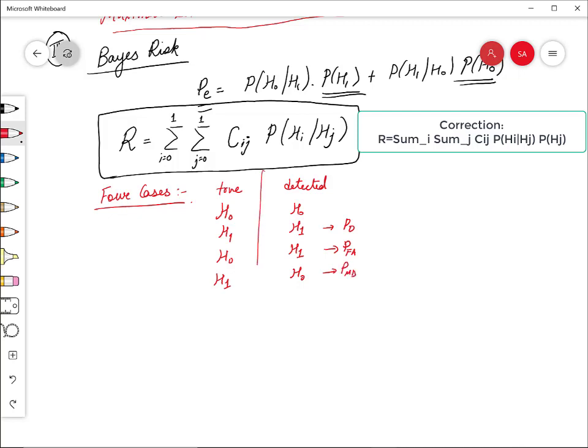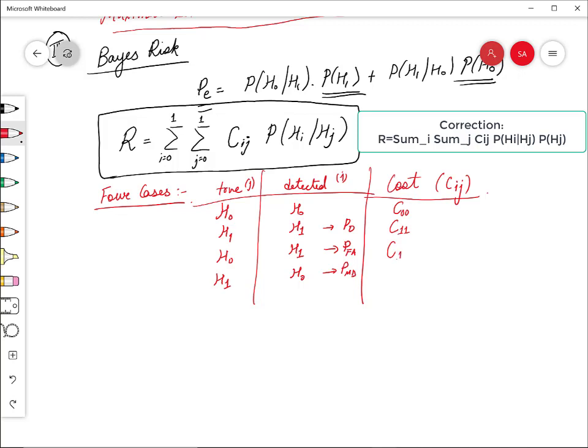So for each of these cases we have some probabilities associated with it, and for each of these cases we can have some cost also associated with it. So let me write this cost as C00. This one I'm writing as C11. So this is my i, this is my j. So here this becomes Cij.